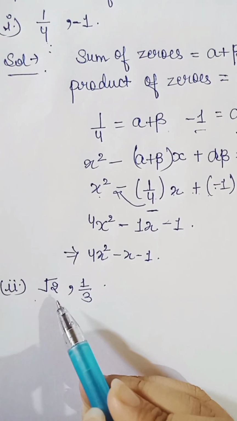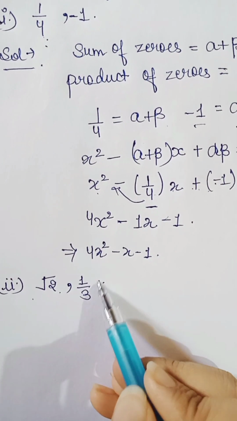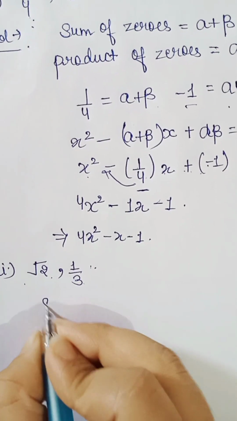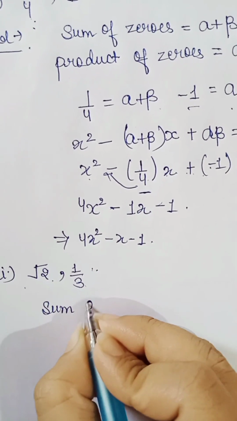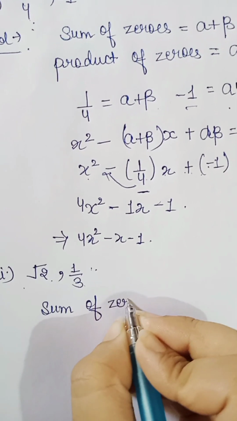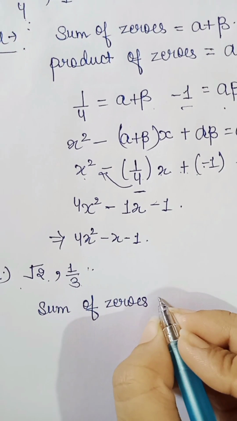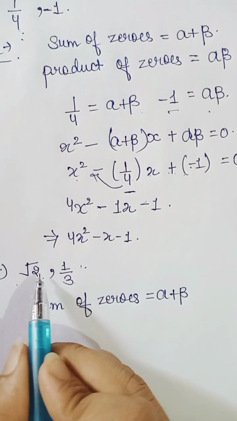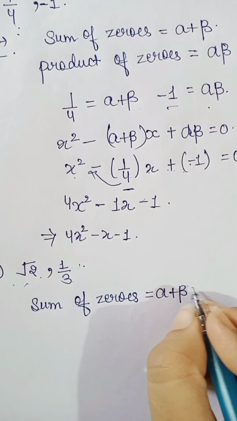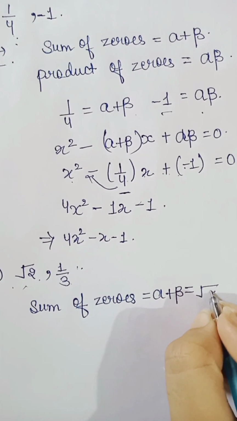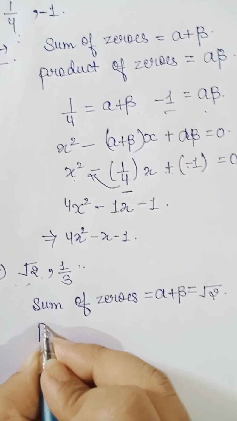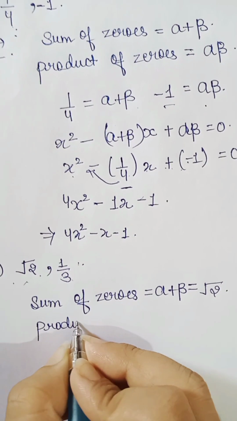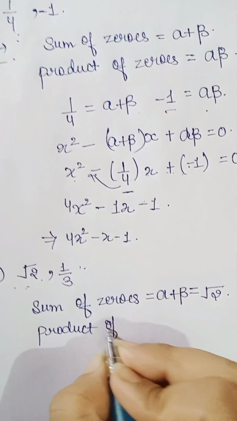Now we have the second part, under root 2 comma 1 by 3. So we can write sum of zeros is equal to alpha plus beta, and we consider alpha plus beta as under root 2. Now we will write product of zeros.